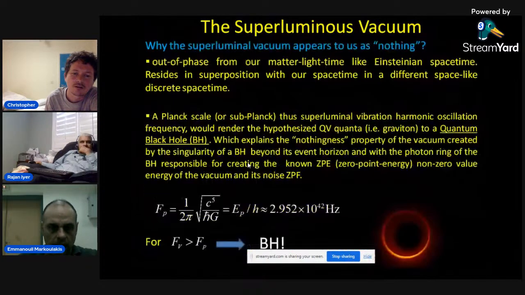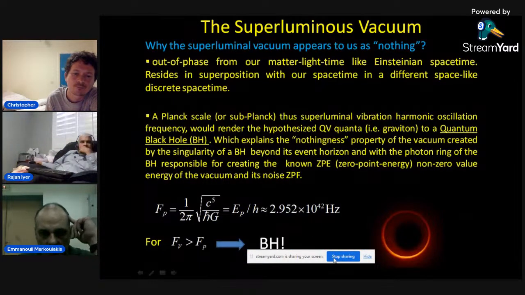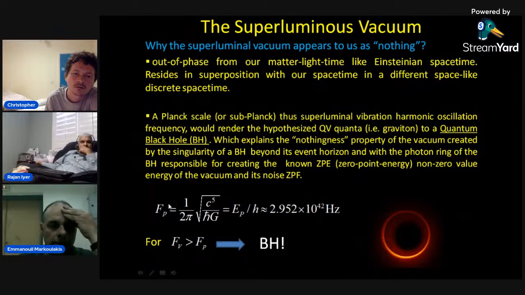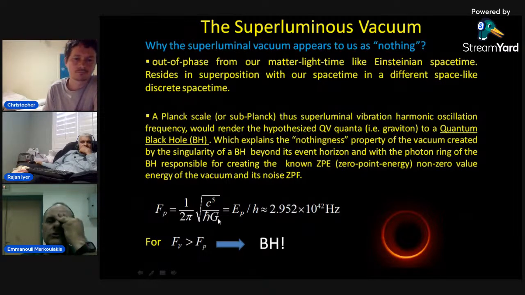So this here is the Planck frequency. It uses the speed of light, the reduced Planck constant, and the gravitational constant. This is actually the maximum energy we can observe, because this is the maximum electromagnetic energy we can observe. Any harmonic oscillation higher than this becomes invisible to us.